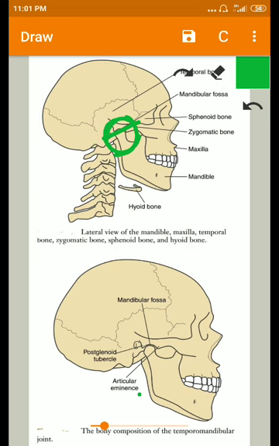In all the planes the motions of the mandible occur at this joint to achieve normal function. So this joint is not only structurally unique but also functionally unique.